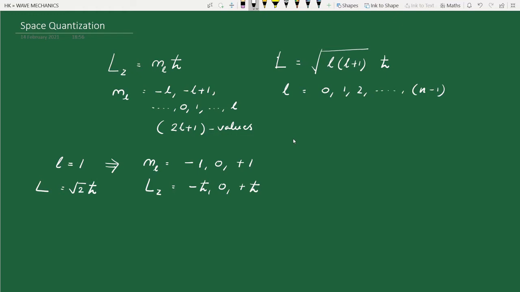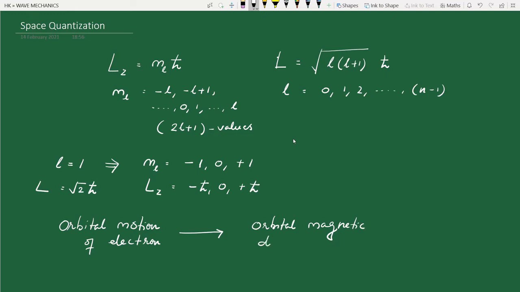Because of the orbital motion of the electron, there is an orbital magnetic dipole moment.